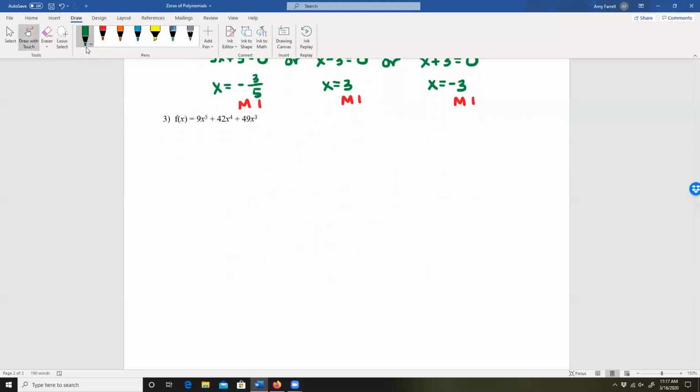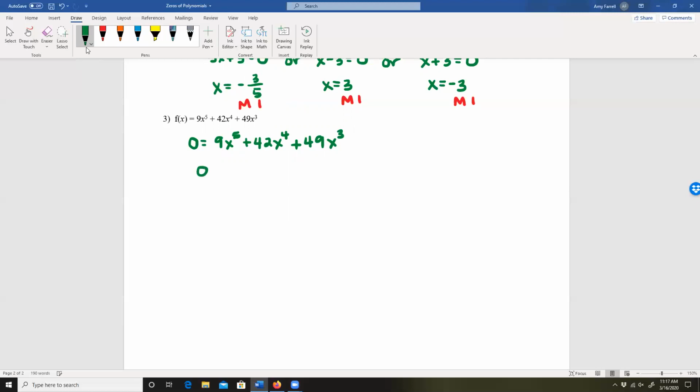Okay, last one here. So in order to find the zeros, I need to set f of x to 0. And this is another one where we need to factor ourselves. It is not factored for us.